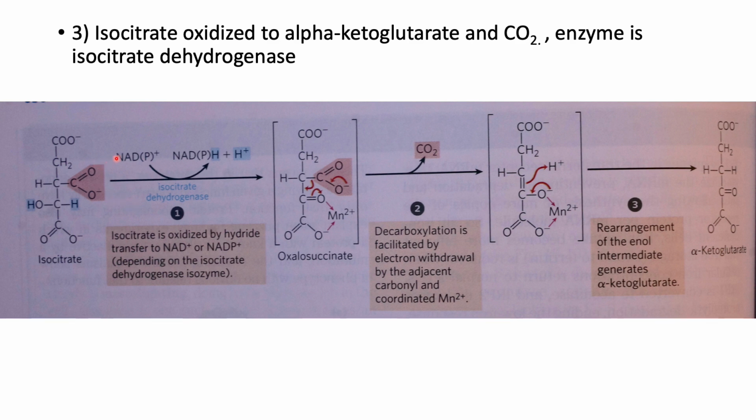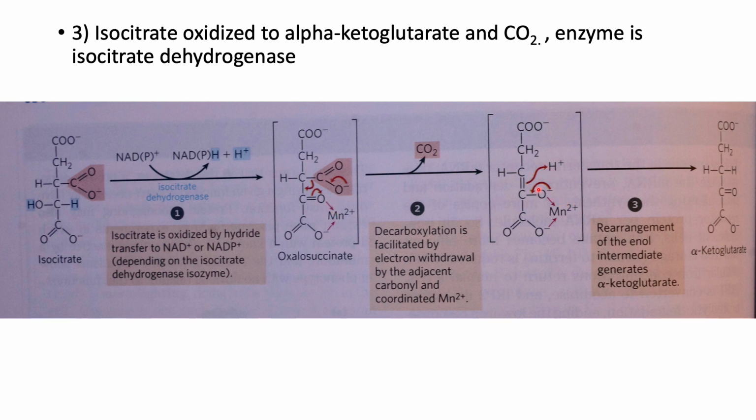So you get a carbon dioxide moiety leaving here. Again, this is a manganese right there. This is an oxalosuccinate intermediate step. Carbon dioxide leaves. Decarboxylation is facilitated by electron withdrawal by the adjacent carbonyl and the coordinated manganese right here.